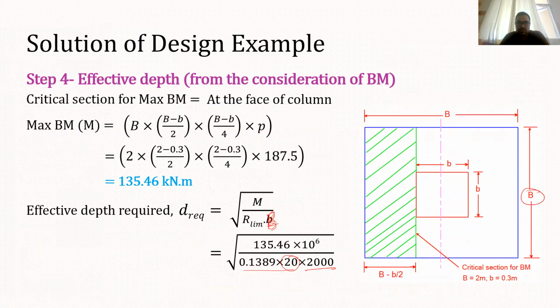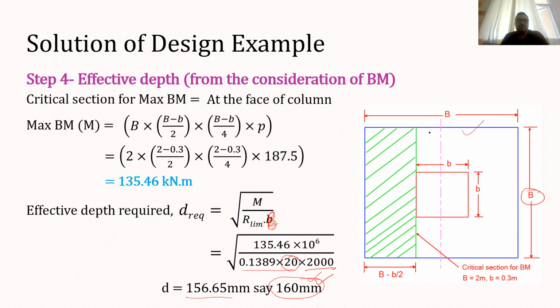Calculating this, we get the D required for bending moment consideration as 156.65, and rounding off this value to the higher side, we get the thickness of footing as 160 mm. So to resist the bending moment effectively, we need 160 mm thickness of the foundation.